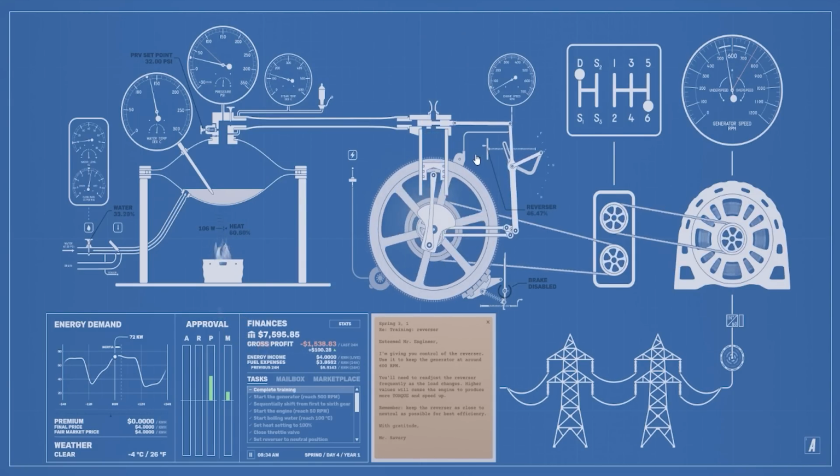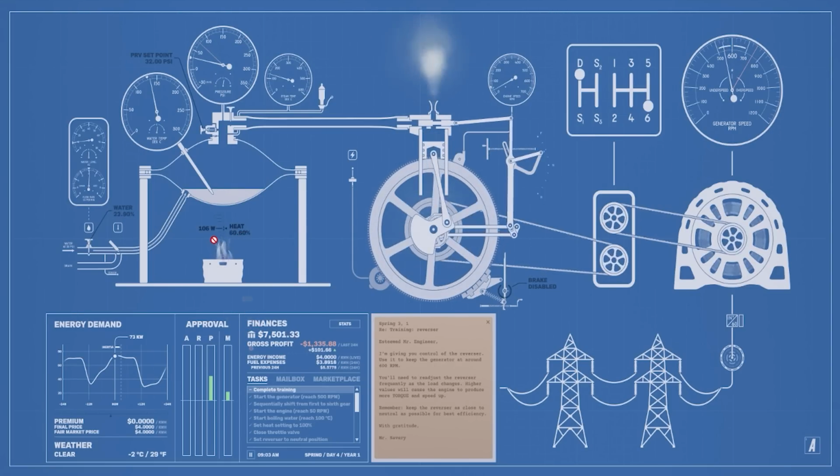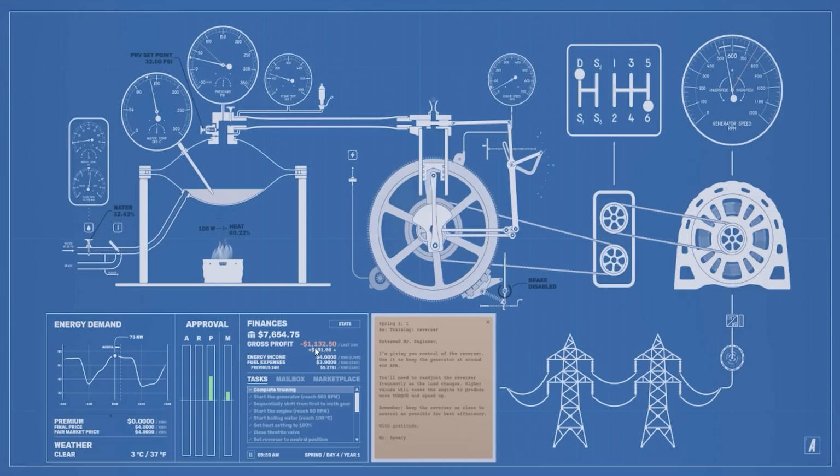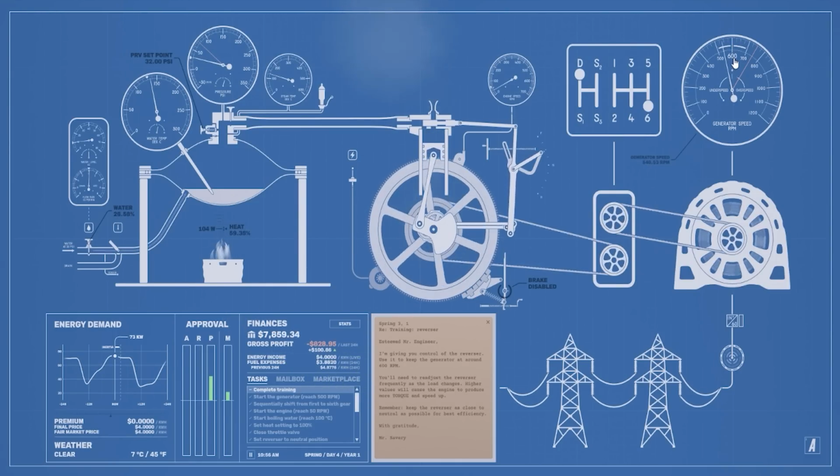Let me just put a bit more... I'll alter the reverser a little bit. 60% heat, it's 106 watts going in there. Water's going into the boiler at 10 cc. And gross profit, we're almost into positives, which is good. What are we on? Generator speed. It's hovering around 540. Plus or minus about maybe 3 or 4 RPM, which seems quite stable.